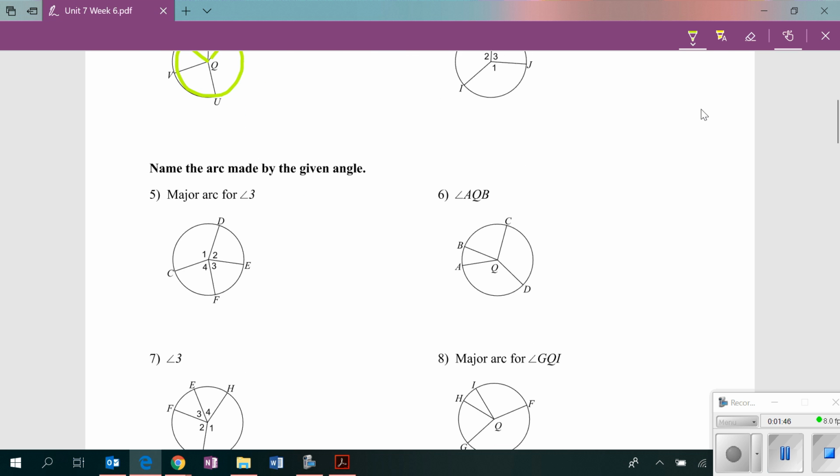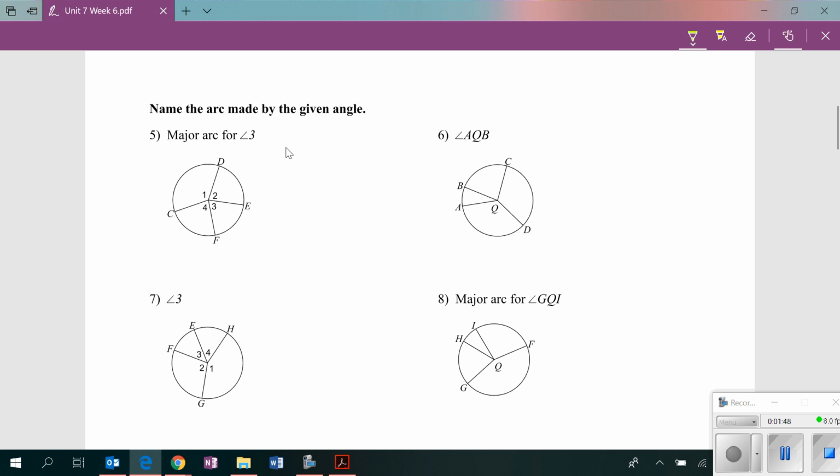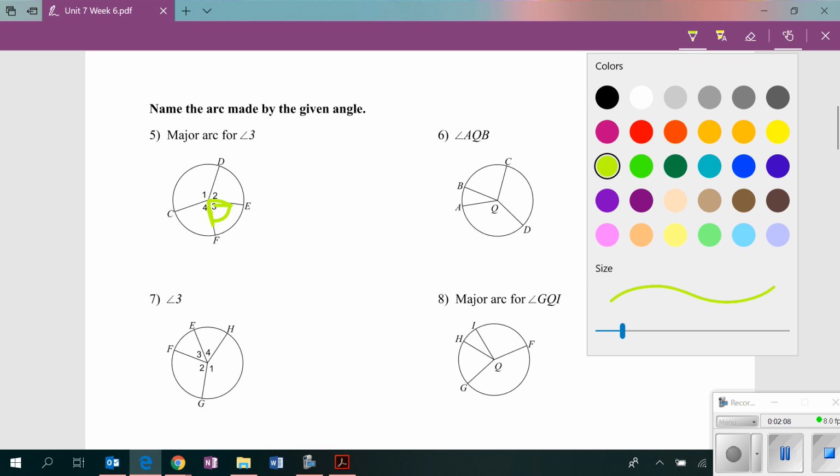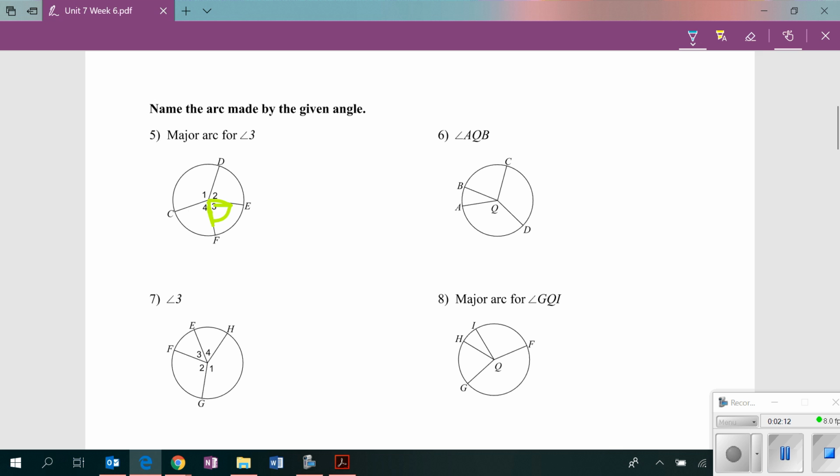Okay, not too bad. Name the arc made by the given angle. I'm looking for major arc for angle 3. So, like I said, if you didn't watch those other videos, this is where you might get confused. Now you might be thinking, well, here's angle 3. However, that's a minor arc. It's acute. My major arc is everything opposite of that.